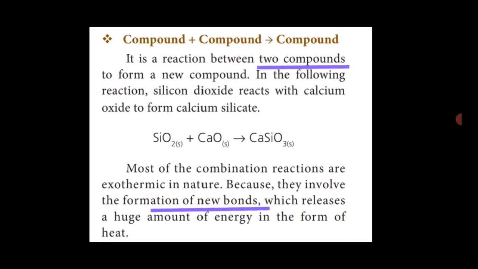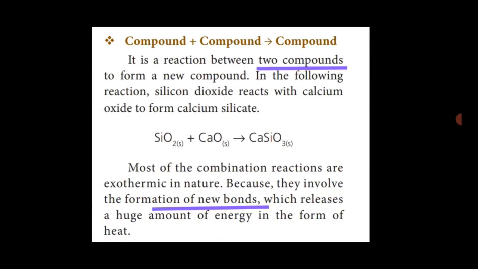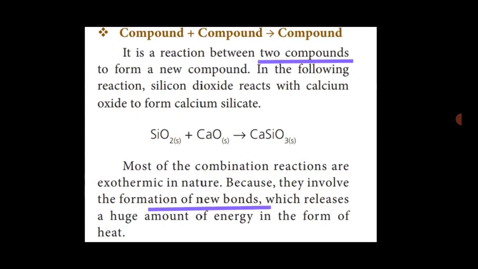Most of the combination reactions are exothermic in nature. Already we know what exothermic is. Reactions in which heat is released are called exothermic reactions. Heat absorbing reactions are called endothermic reactions. Combination reactions are exothermic because they involve the formation of new bonds.